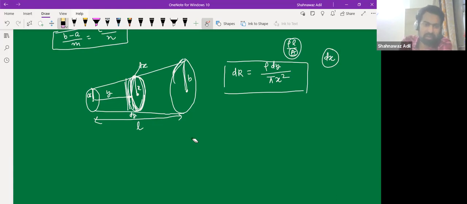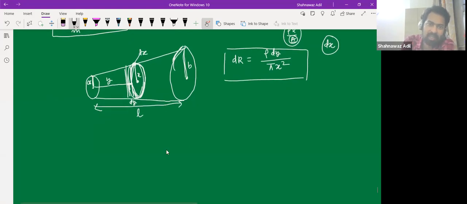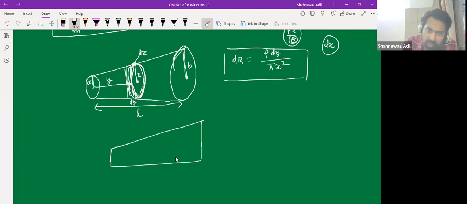So as I was talking about, just like we derived, now you will tell me the relation. We have to find the relation between y and x, right? And we have this diagram. From here to here, this is my x.